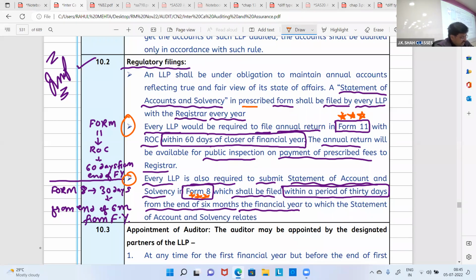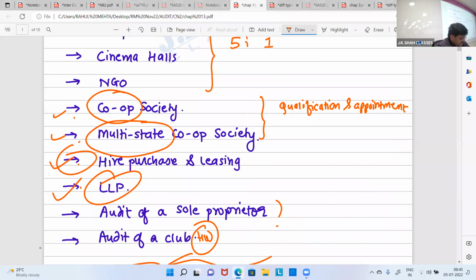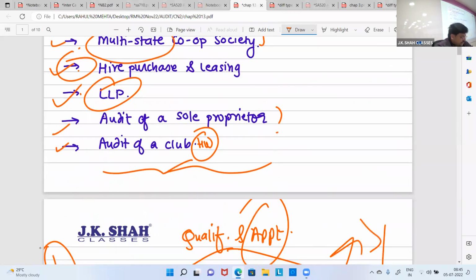Okay. And then if we come back to our scope, where is the scope? Can I say everything is done? But there is one more.